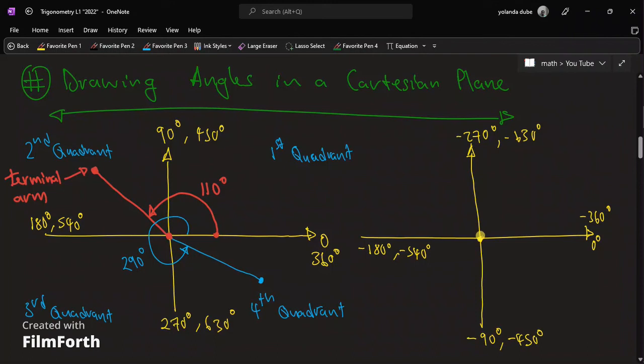In order to construct negative 470, you will say, okay, which interval bounds 470? I see that 470 lies within this third quadrant. So the terminal arm that is to represent this angle has to lie in this region, and I'll just draw it anywhere like that.